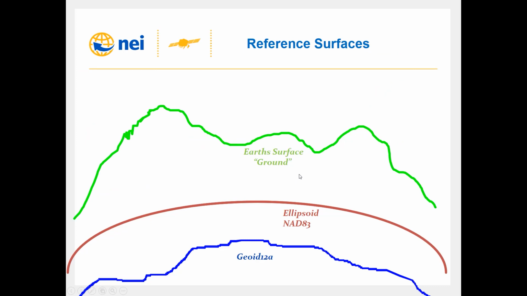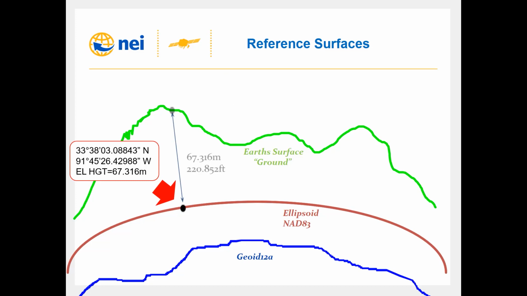Okay, so that is from this geoid line to here. That's that separation, right? So this separation is what we're talking about from Geoid 12B to this line. If you wanted to compare 12B to 18, we could.